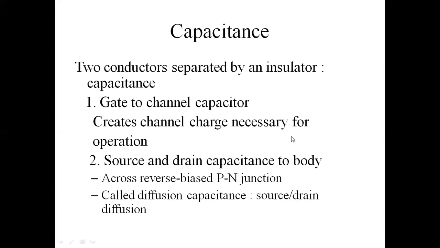The source and body, and the drain and body, form the conducting plates of the capacitance, and the depletion region present between the source and body, or the drain and body, forms the insulator. This capacitance is present across the reverse biased PN junction, and it is also called the diffusion capacitance, because of the source and drain diffusion present in the MOSFET.